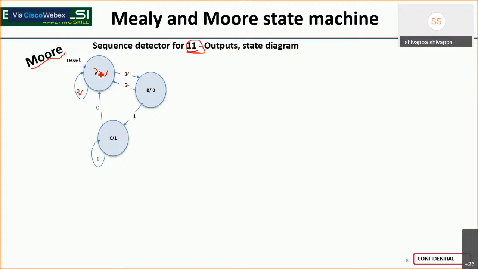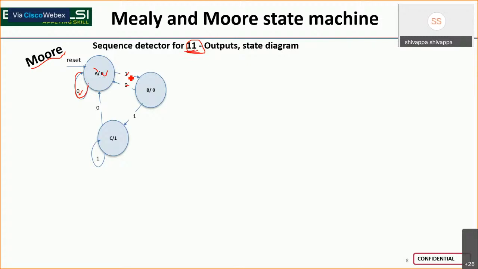First state A, output is 0. At the reset condition, when the input is 0, it will stay in the same state, because what I want is 1, 1.